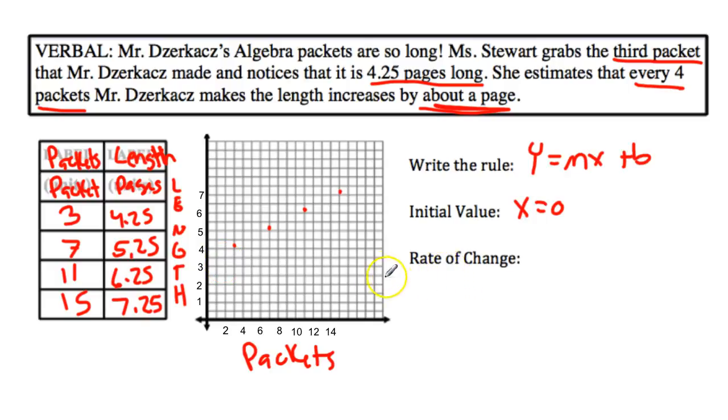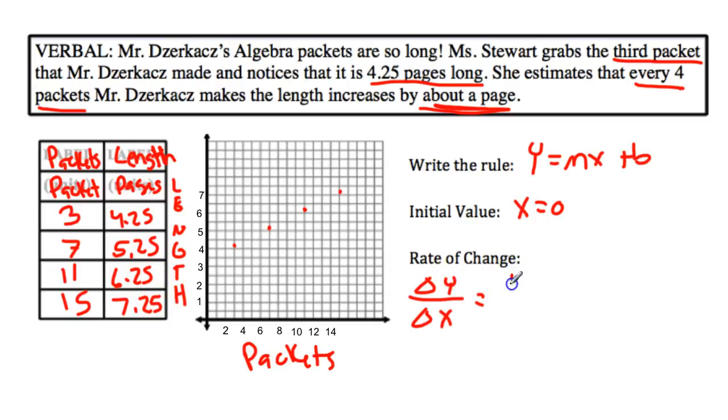The rate of change, that's the slope. So that's the change in y over the change in x. So the y, how much is the length increasing every time? Between 4.25 and 5.25, it's increasing by 1, this increases by 1, that increases by 1.